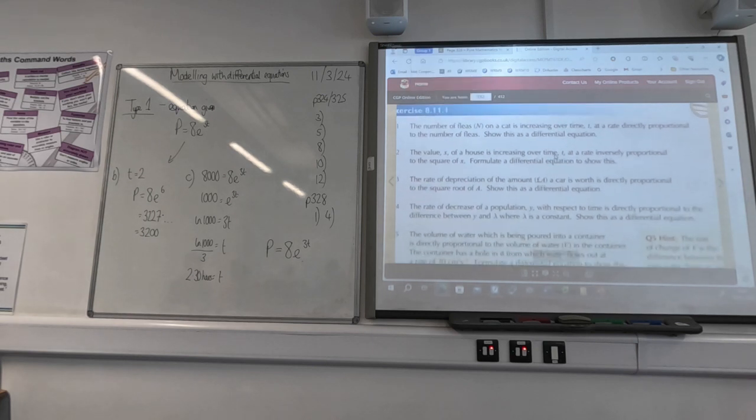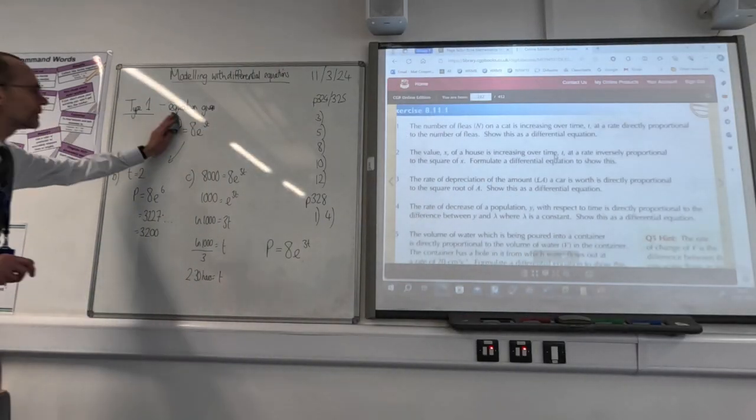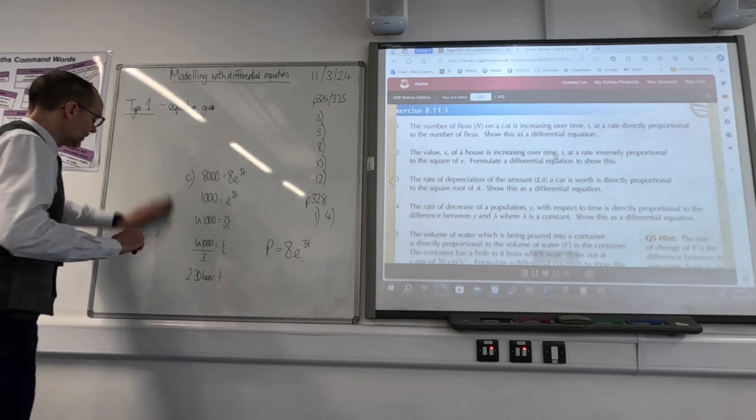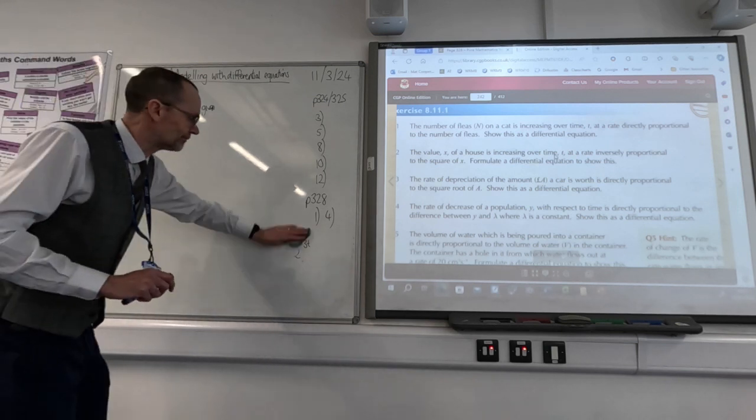Okay, so here is type 2 in this modelling with differential equations section. Type 2 is where no equation is given.